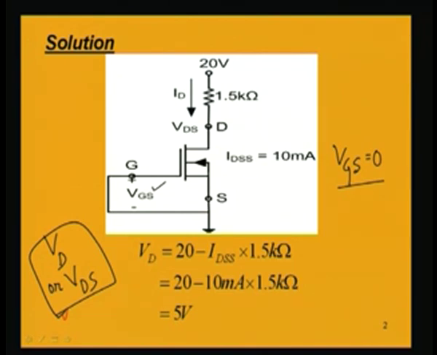It is very simple to find this voltage VDS or VD, which is nothing but 20 minus this drop, and this drop is IDSS into 1.5 K. Replacing the value of the current, which is 10 milliampere for this particular MOSFET, this calculation yields a voltage of 5 volt. So, 20 minus 15 is 5 volt. That means the voltage at the drain end with respect to the source or ground is 5 volt.